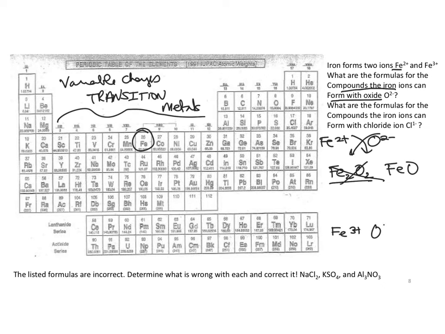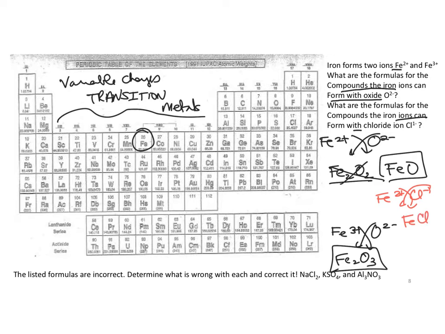What about this one with O2 minus, Fe2O3, and so there's that. What are the formulas if it forms with the chloride? Well, iron 2 plus and chloride 1 minus would be FeCl2, and Fe3 plus and Cl1 minus is FeCl3.